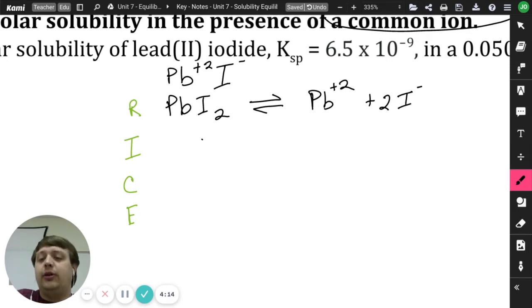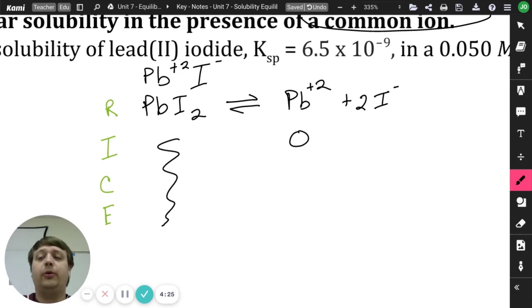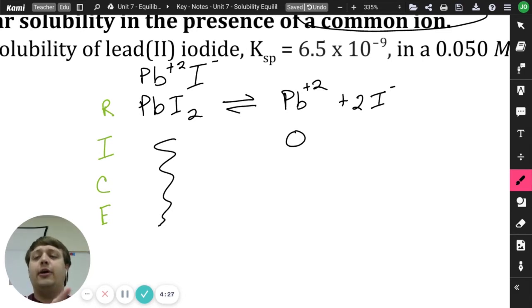So my initial, again, my lead iodide is a solid, so we don't take it into account when we're talking about those equilibrium expressions. I know that I start, my initial lead is 0. Okay, now here's the thing though. Since I'm dissolving this lead iodide into a sodium iodide solution, I actually have some iodide present in this solution, right? And so because of that, I do actually have to keep that in mind.